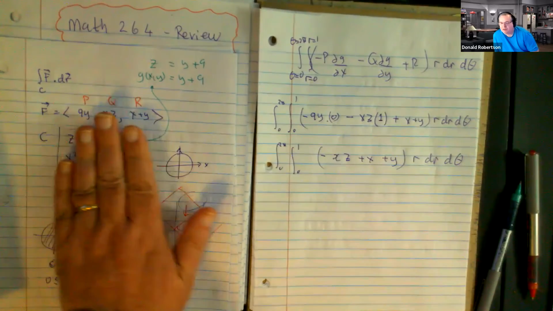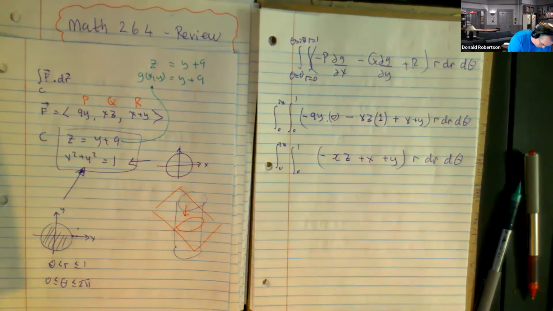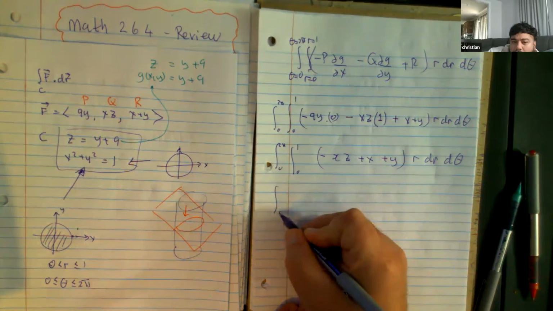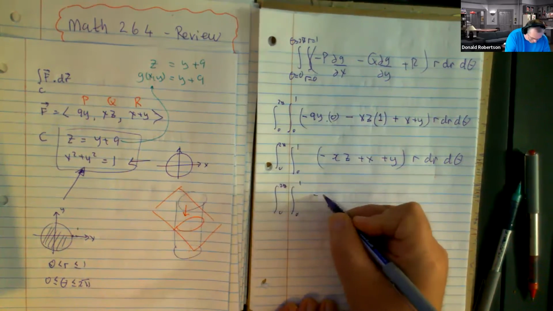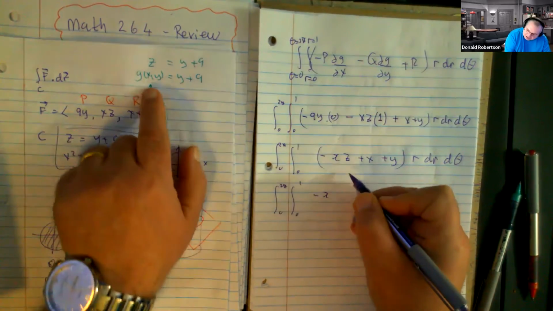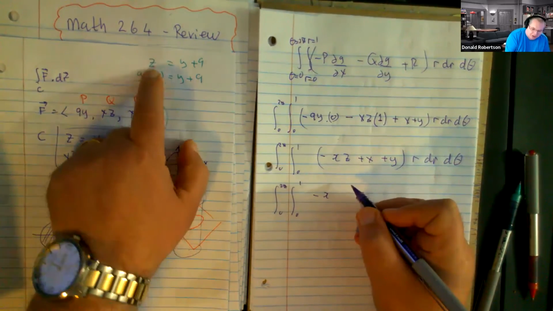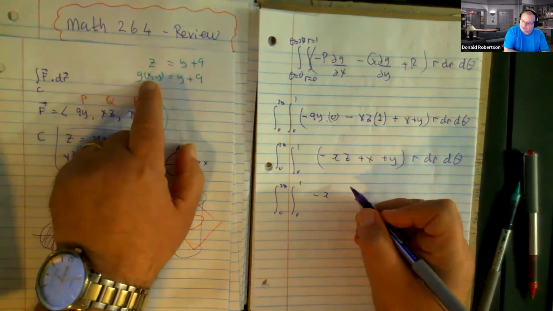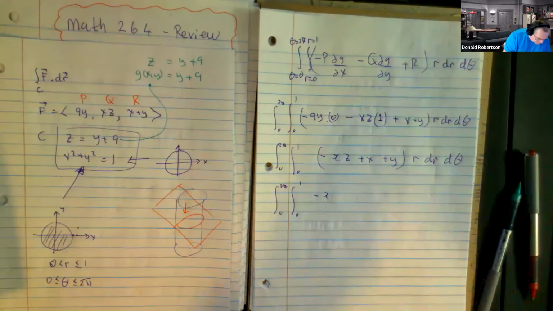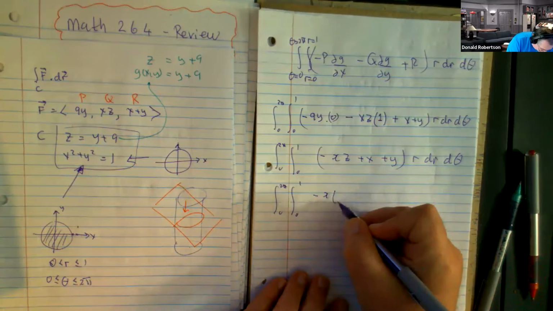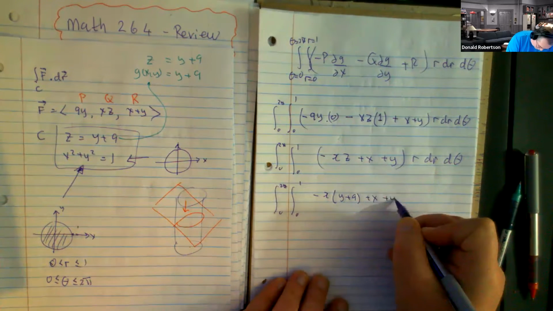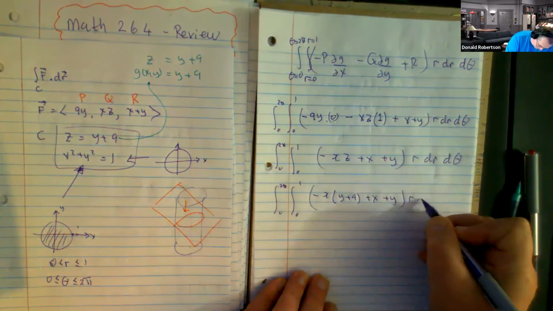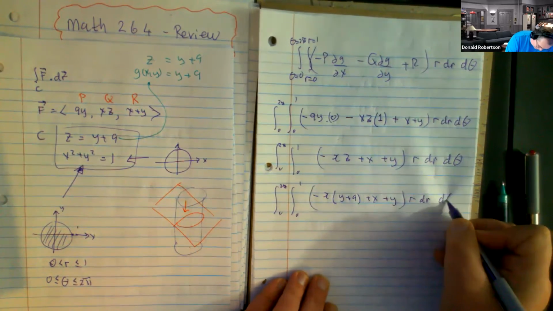What is z equal to? y plus 9. Yeah. z is essentially the g(x,y), right? z is the surface, the plane that's causing the surface. So this is going to be y plus 9 plus an x plus a y, or dr d theta.